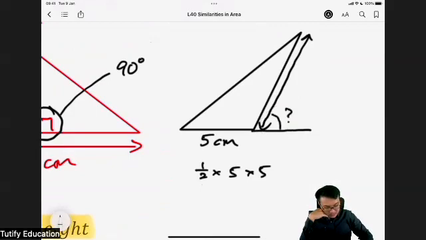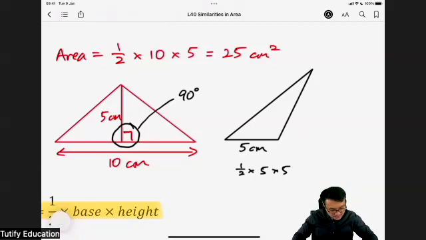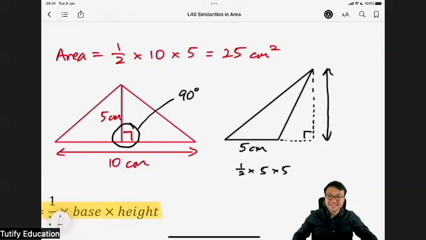Do you think this is 90 degrees? No. It is slanted, isn't it? Correct. So can I use this as the height? No, we cannot. We must make sure that the height is 90 degrees to the base. The correct height is this one. Okay, Abby? Got it?